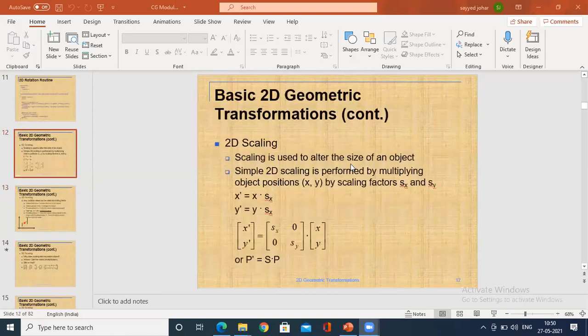Now, in the case of the homogeneous coordinate system, we have to combine both this multiplicative factor and the additive factor. That is making the 2 cross 2 two-dimensional rotation into a three-dimensional matrix. Once again, we convert the two-dimensional rotation, scaling, and translation matrices into a three-dimensional matrix using the homogeneous coordinate system.